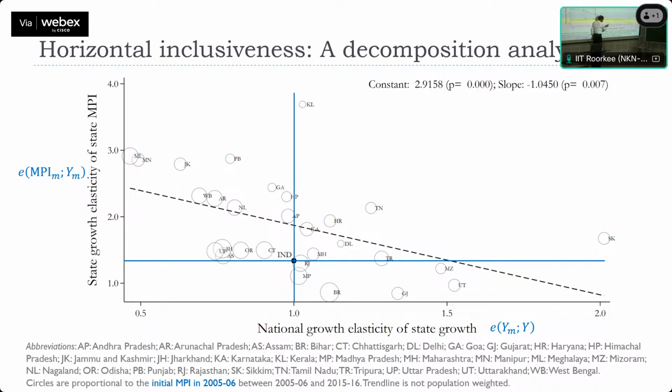Faster growth, but even in relative terms, state growth has not translated into state MPI reduction, at least for that period. Again, we have to keep in mind the period, 2005-6 to 2015-16, for our study; that reduction was not there. Uttar Pradesh has come down, it's still slightly above, West Bengal is here.